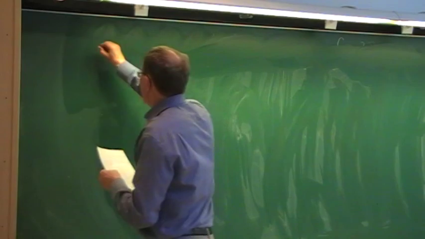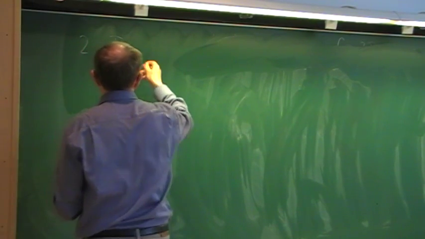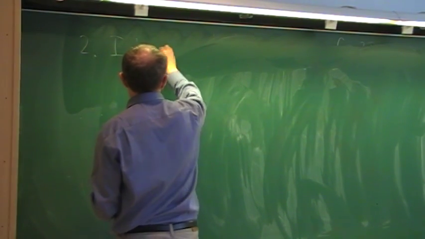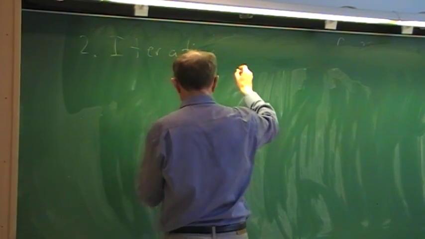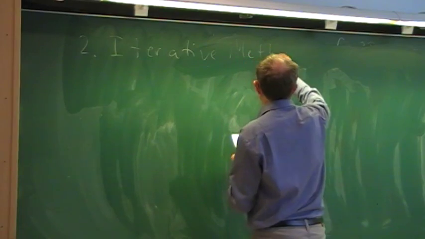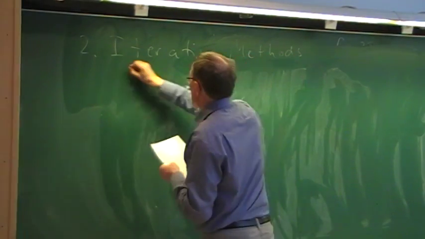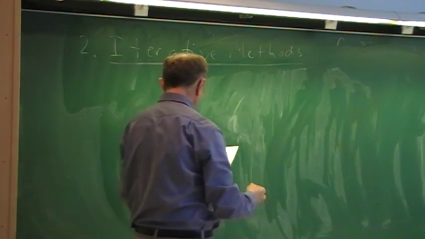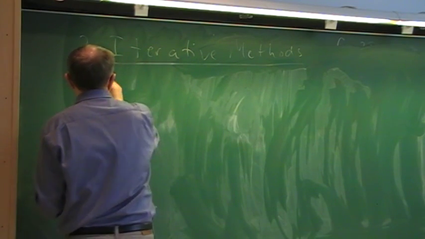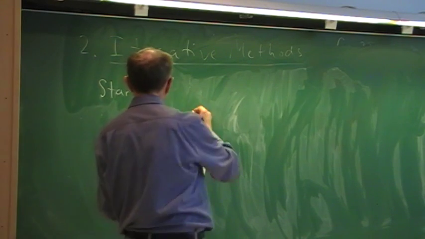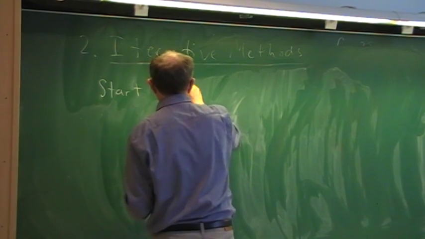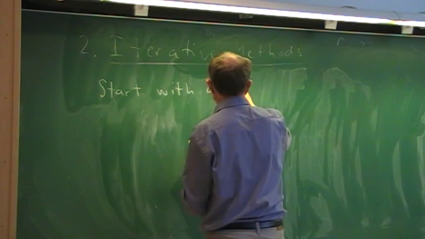So, iterative methods are for us the second and most important way to solve linear systems. Actually, we have not just one, we have many different methods. The point here is we now need a starting vector of the solution. We guess something.